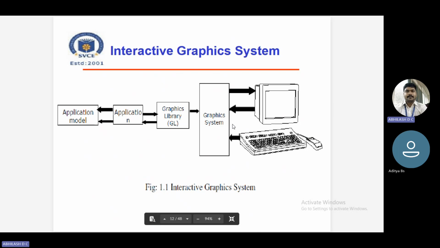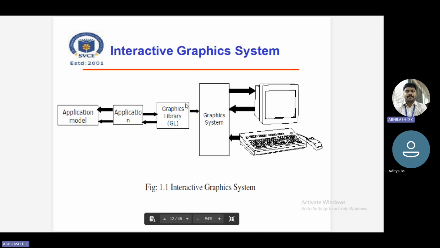So what is GPU? Graphics processing unit, right? It's a separate unit where a dedicated processor is used only for the development of imaging, right?